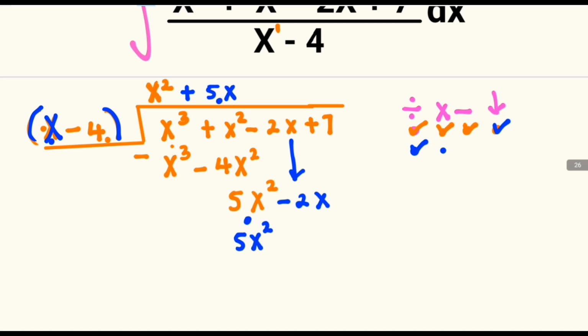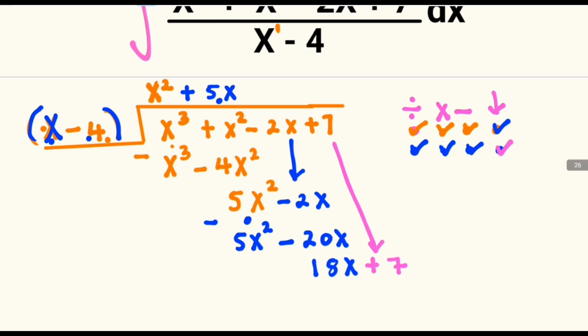The 5x multiplied by the negative 4 will be equal to negative 20x. We multiplied, and now we have to minus. 5x squared minus 5x squared will be equal to 0. Negative 2x minus negative 20x will be equal to positive 18x. We minused, and now we have to drop down. We drop down the positive 7.